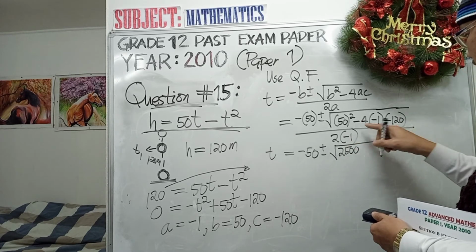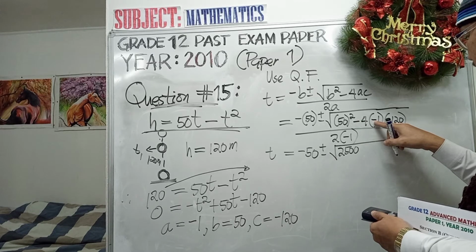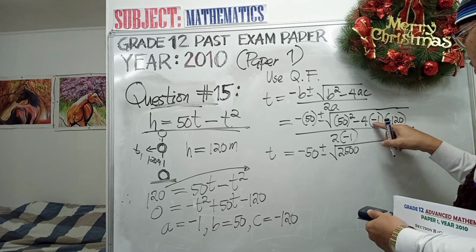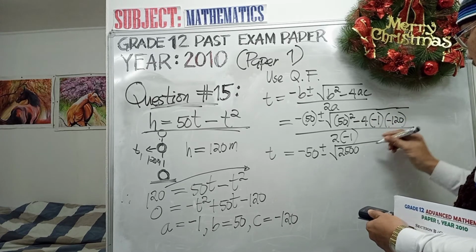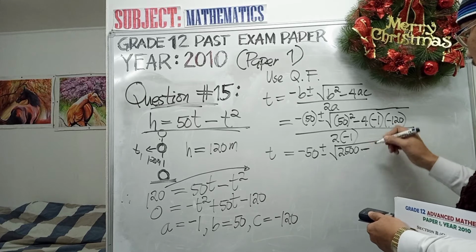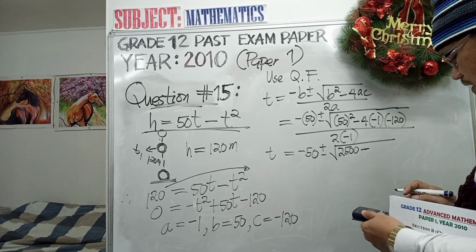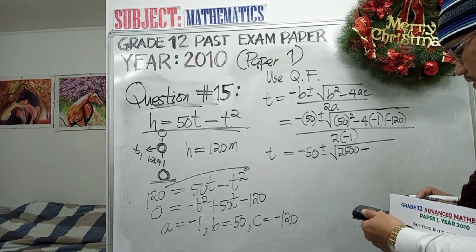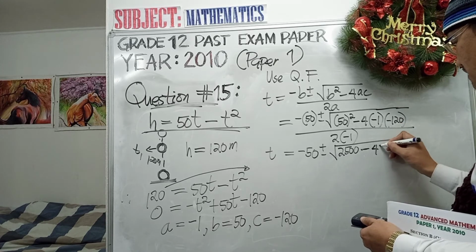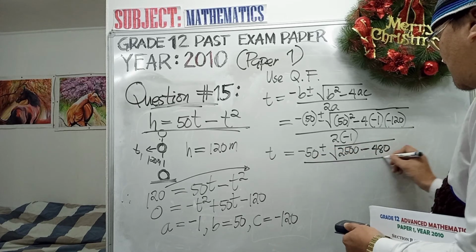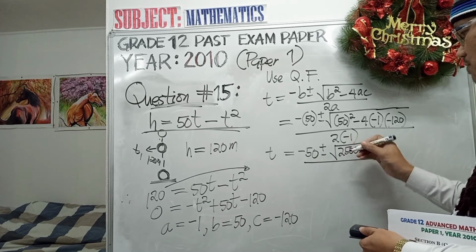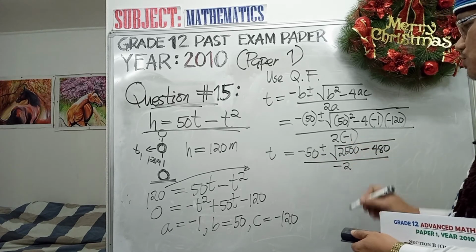Then negative times negative is positive, positive times negative is negative. 4 times 1 is 4, 4 times 120 is equal to 480. Divided by 2 times negative 1 is negative 2.